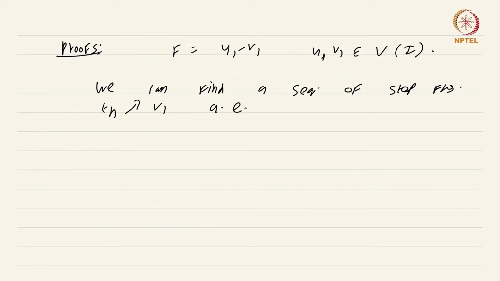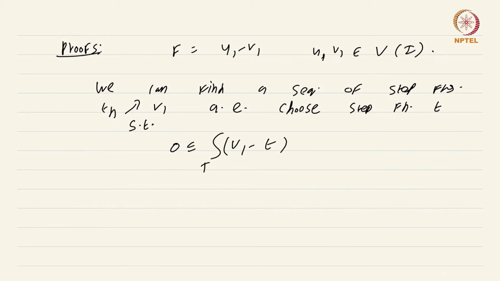Okay, now what we do is choose a step function t such that 0 is less than or equal to the integral of v1 minus t over I, which is less than epsilon.